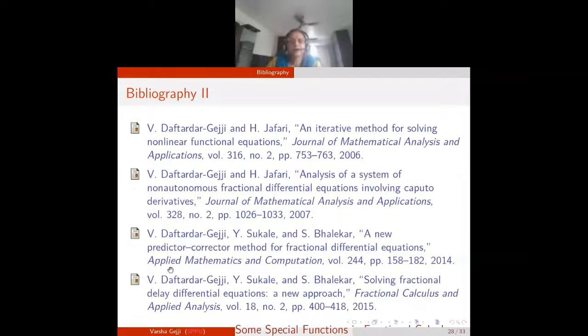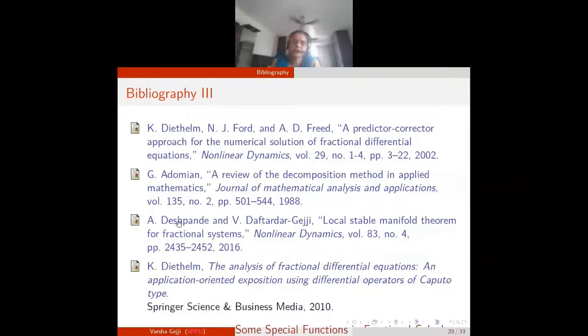So to curtail that, one has to develop smart and efficient methods. Here is our work where we have developed predictor-corrector methods for solving various equations. Now various analysis theorems are used.